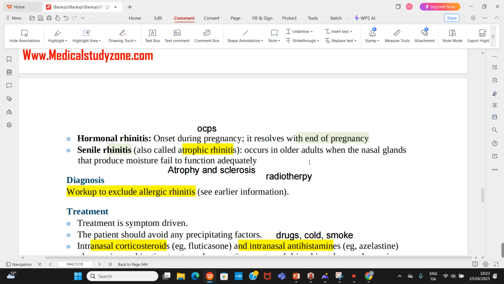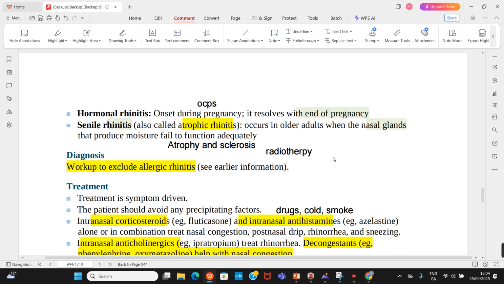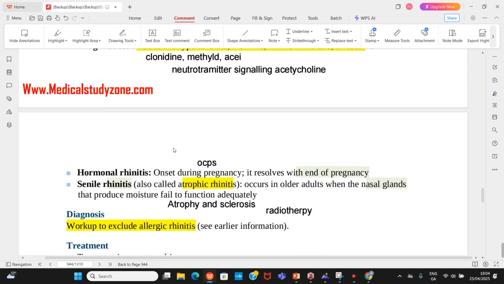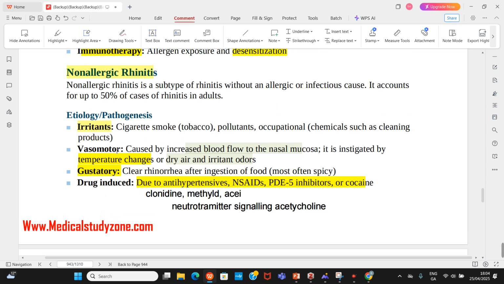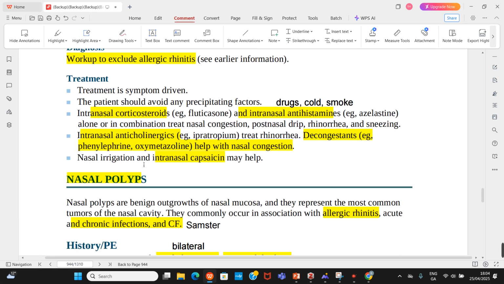When there's atrophy of the mucosa, all those glands that produce moisture are gone, which drives some inflammatory process that leads to the rhinitis. So: senile, hormonal, drug-induced, gustatory, vasomotor, and irritant.